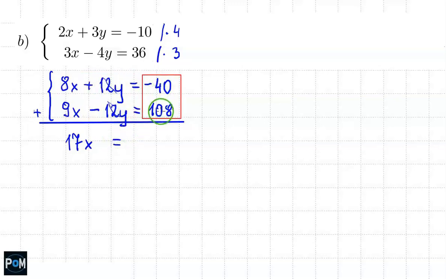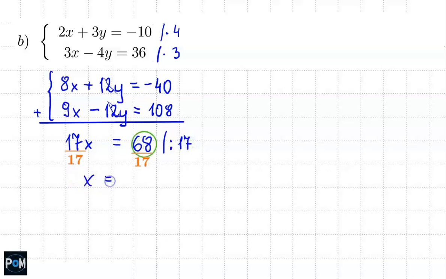Negative 40 and 108 give me a result of positive 68. Now I just need to divide by the number next to x, which is 17. And from that, I get that x equals 68 divided by 17, which is exactly 4.